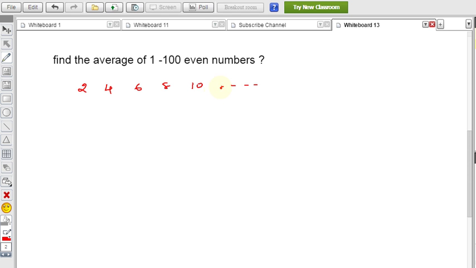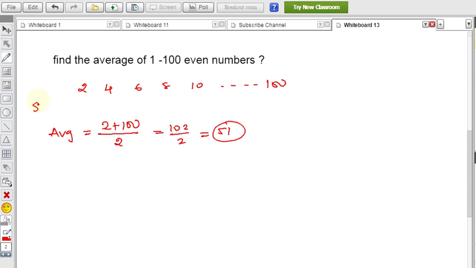Now last even number is 100. Therefore average is equals to first even number 2 and the last even number 100, and divide by 2. 102 by 2 is 51. So 51 is the average of 1 to 100 even numbers.